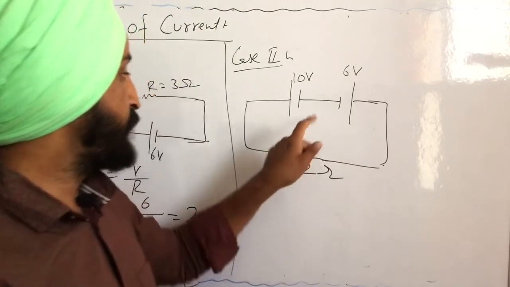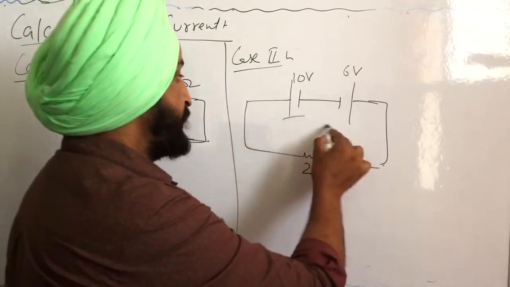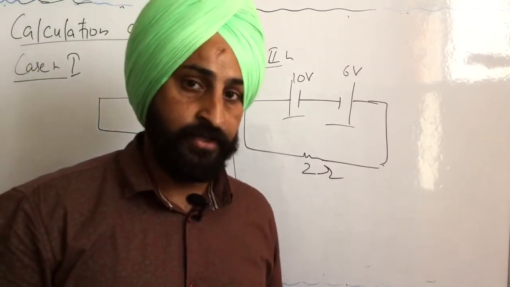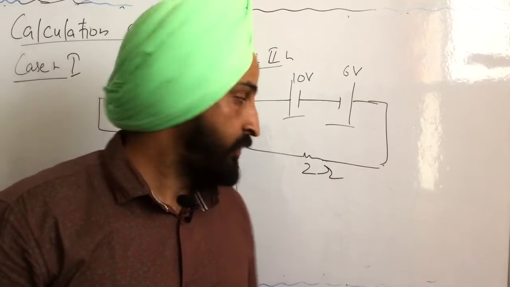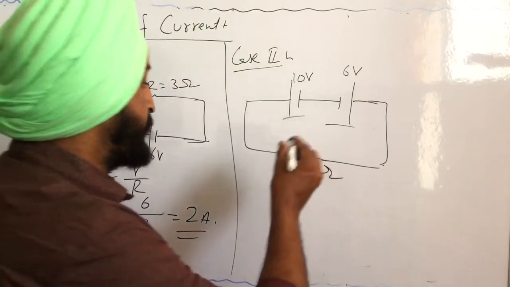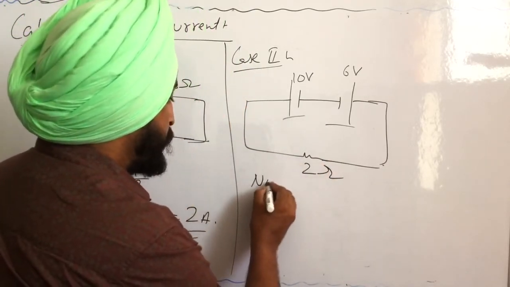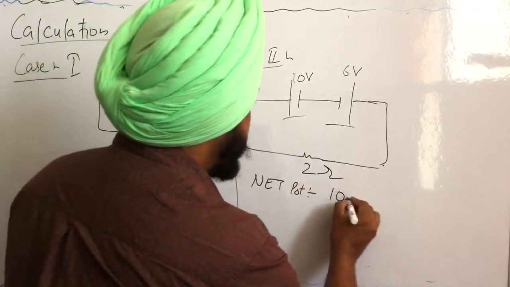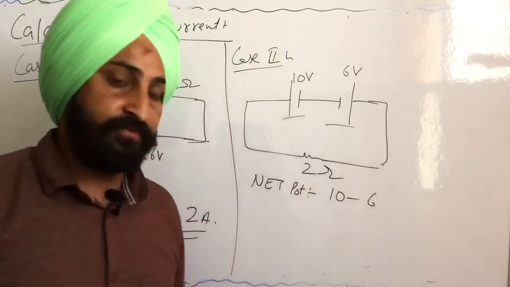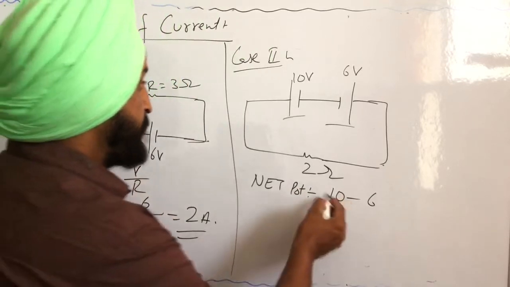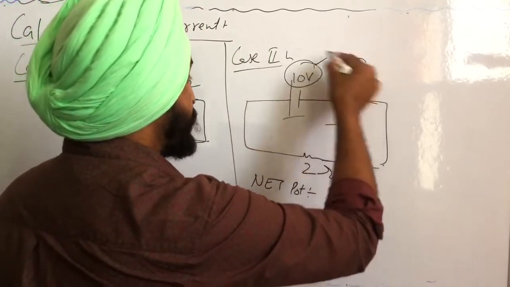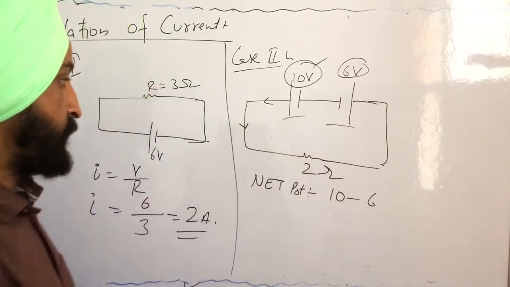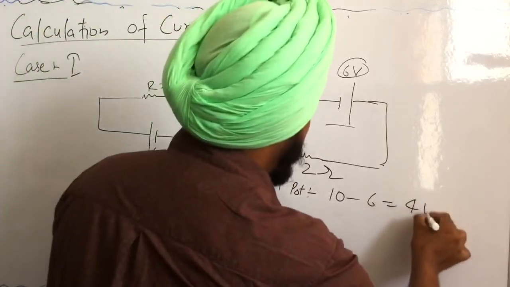Firstly, you can clearly see that these two cells are connected out of order, so they will oppose each other. When they oppose each other, what will be the net voltage? The net potential would be 10 minus 6, and its direction would be that of the 10 volt cell, because it is greater. So the net potential is 4 volt.